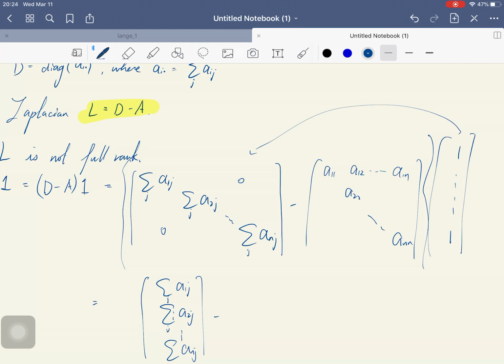So it will be this guy minus A times 1. I hope you see it already: the sums over a_1j, a_2j, up to a_nj cancel, so this is equal to 0.